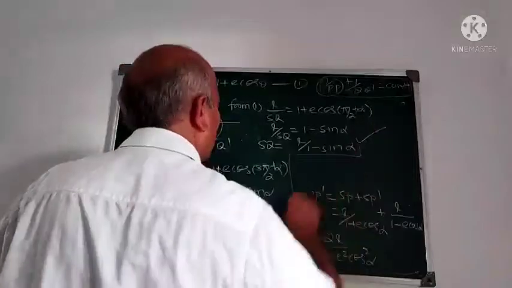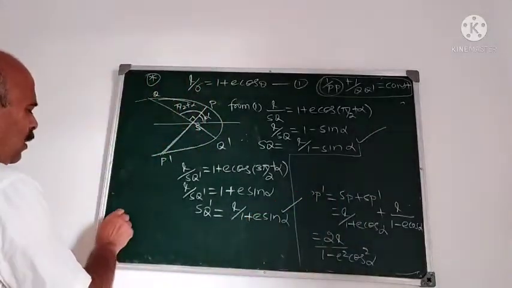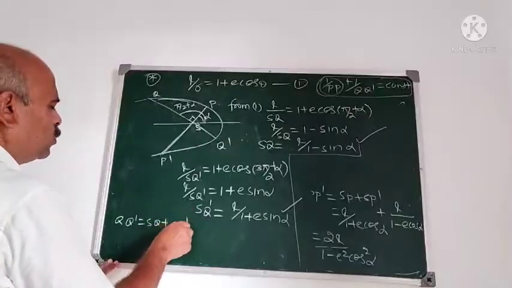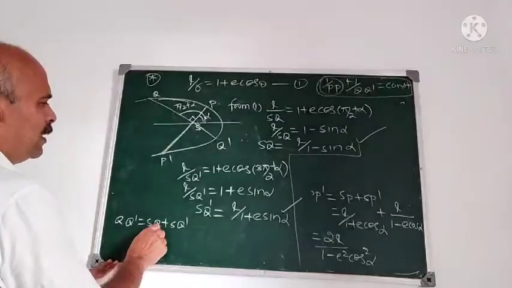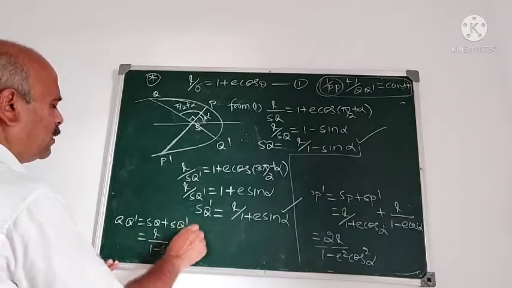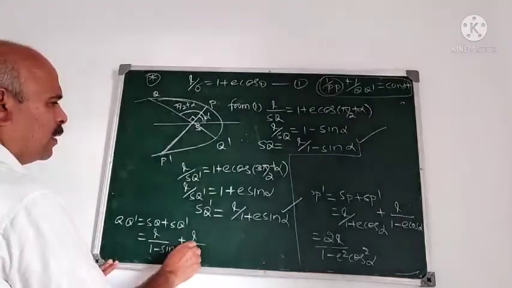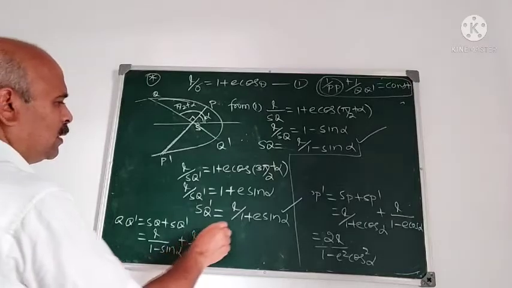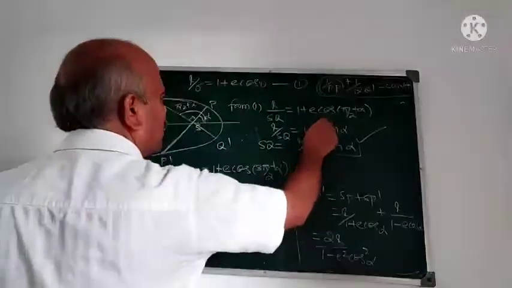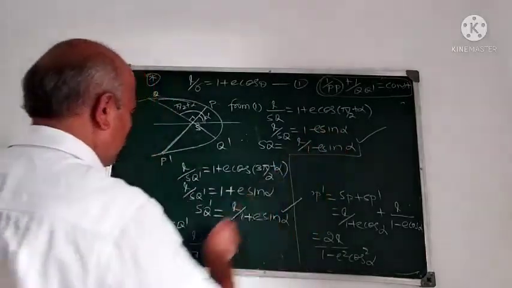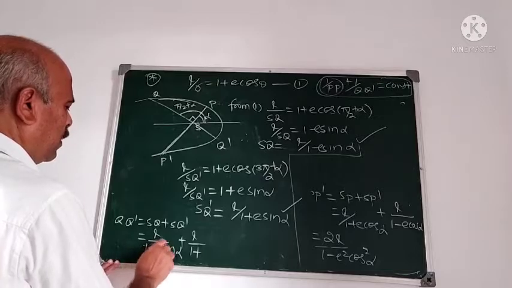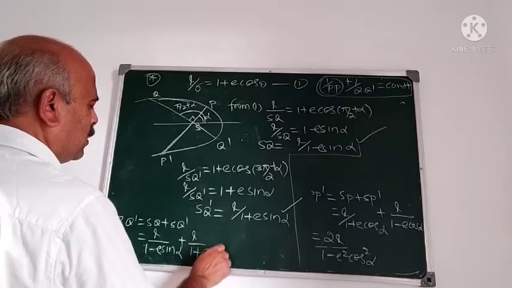Now from these two, we add these two. Q dash is SQ plus SQ dash. It is L by 1 minus E sin alpha plus L by 1 plus E sin alpha.